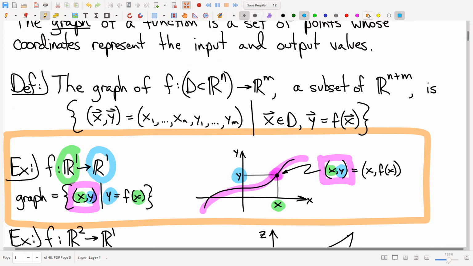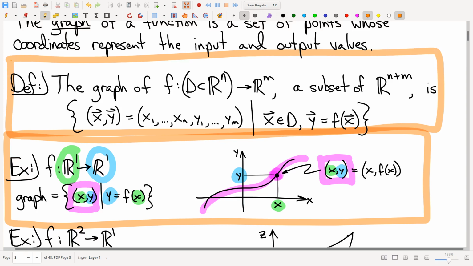All right, so what we're going to do is generalize based on that. I'm going to do the morally equivalent thing here. If you have multiple input coordinates, those multiple input coordinates you list first, just like we did in the single variable case, input first. If you have multiple outputs, namely a vector valued function has multiple outputs, then those multiple outputs go next.